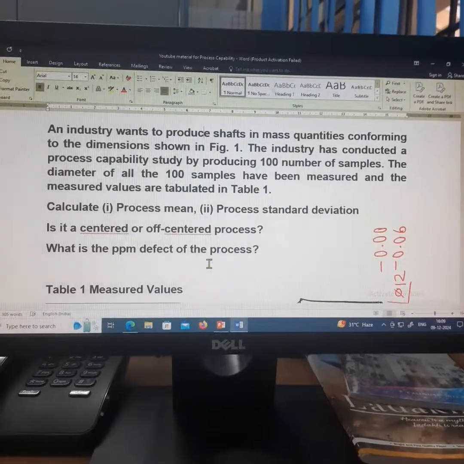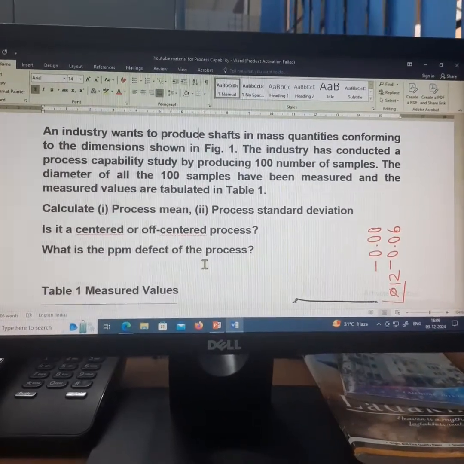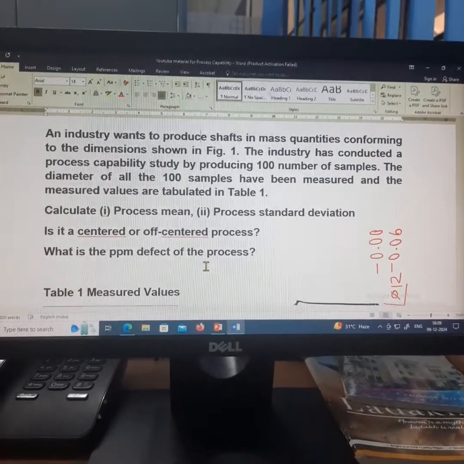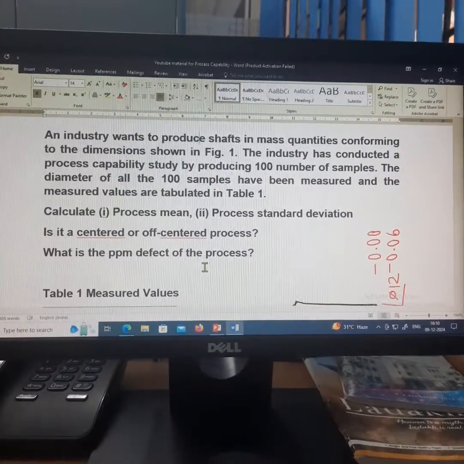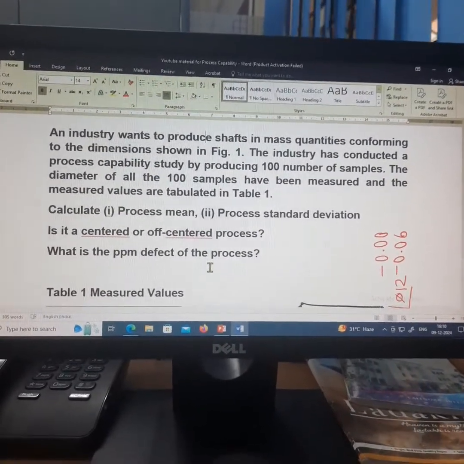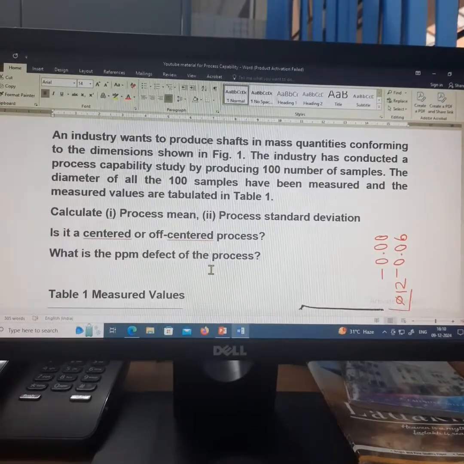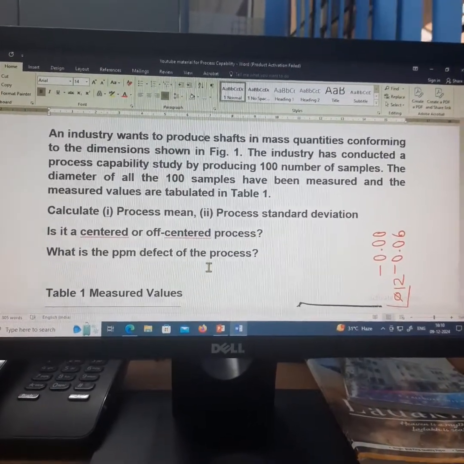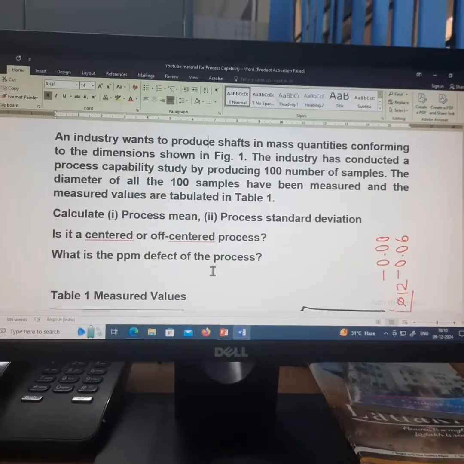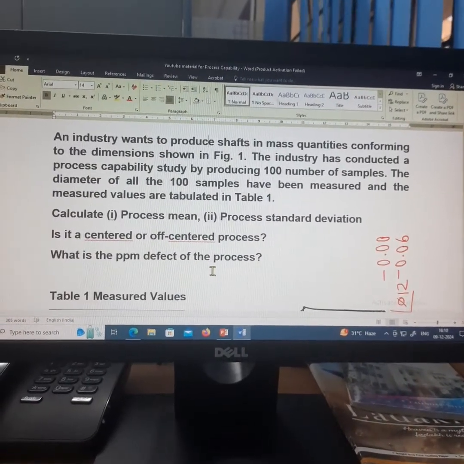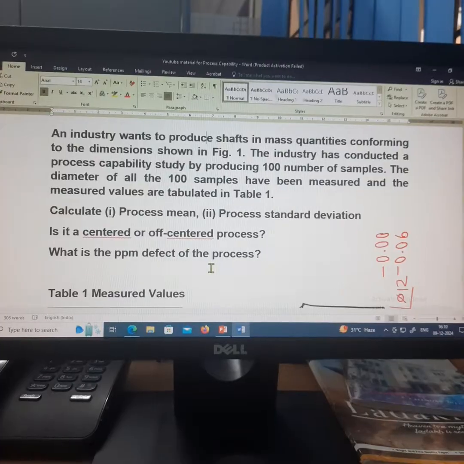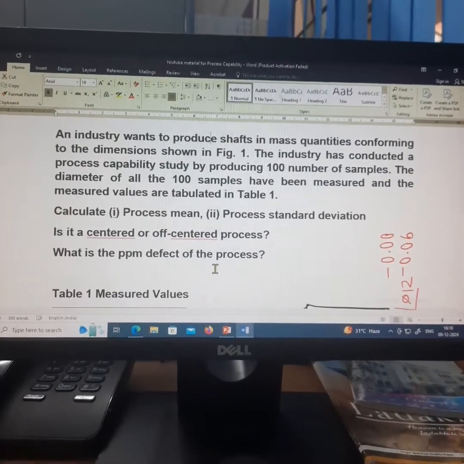The diameter of all the 100 samples has been measured and the measured values are tabulated in table 1. We have to calculate the process mean and process standard deviation. We have to find whether the process is centered or off-centered, and what the ppm defect of the process is.